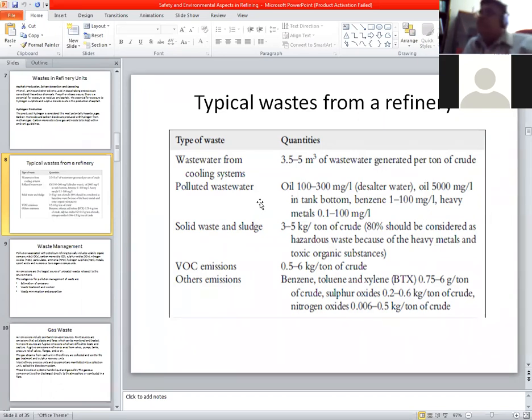Other things also, not only from the units, from the petroleum refinery units, emissions are escaping. In addition, normally we know in earlier days, to increase the gasoline octane number, we used lead. Lead, this is a heavy metal. But if we use lead in petrol, for example, you can increase the octane number.